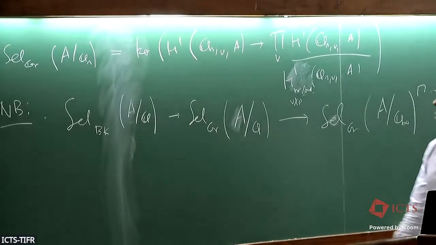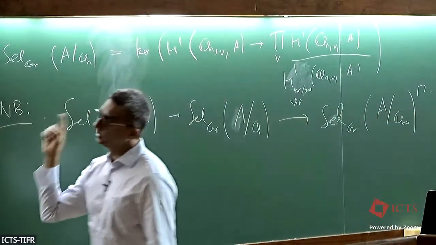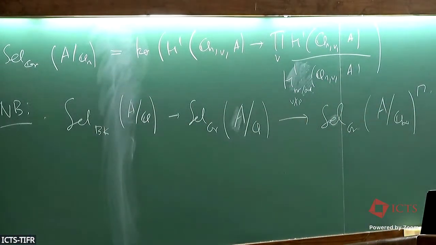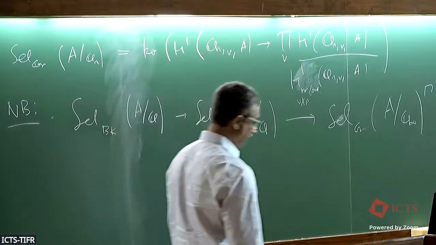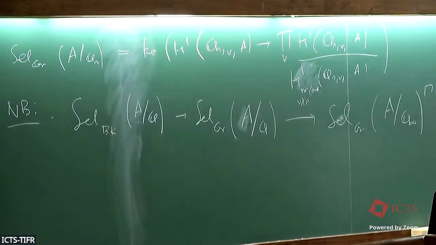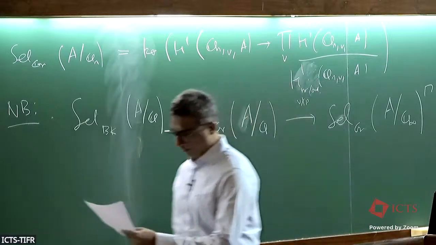So the local conditions for the Bloch-Kato Selmer group, the H^1_f here, are sitting inside the local conditions for the Greenberg case. And the first map, kernel is sitting in this kernel. And this is just from group cohomology. Okay, so we have that.